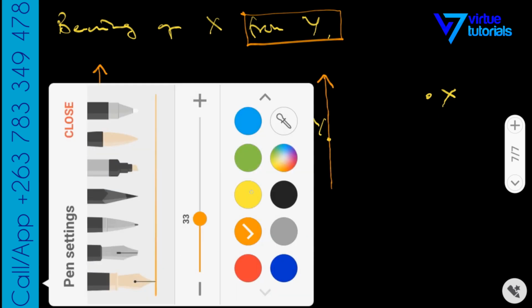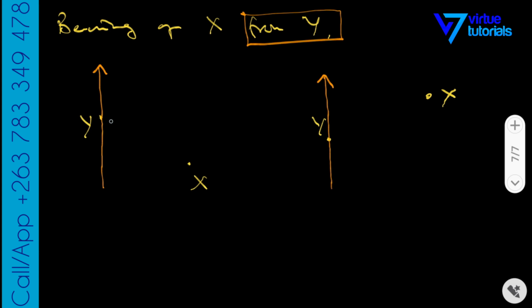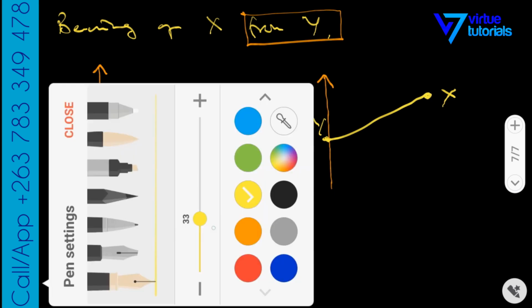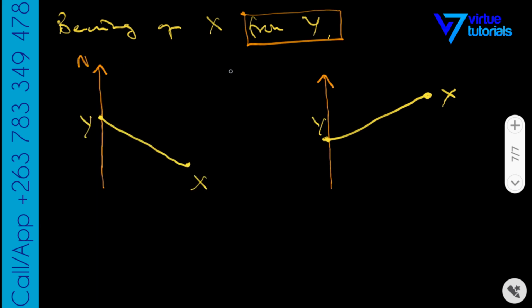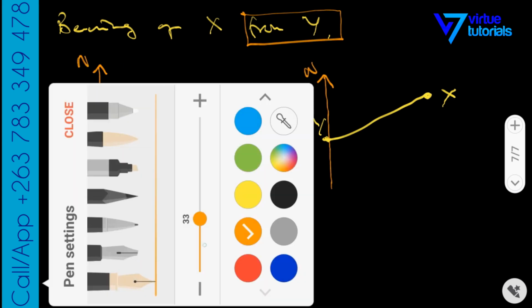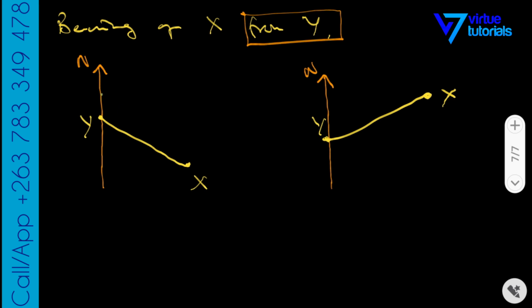The next step is join the 2 points: there's y, join it to x. The third thing is take note of the clockwise angle from the north line to the line joining the 2.